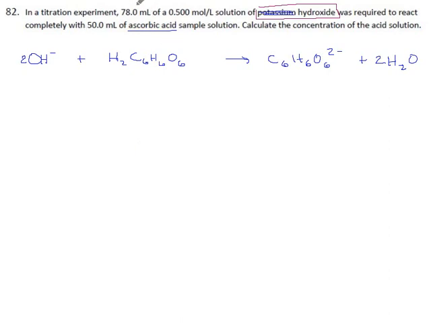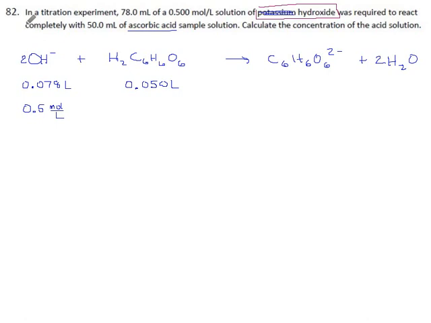So, what have they told us? 78 mL of 0.5 mole per liter solution, okay, all this is about the hydroxide, so 78 mL, 0.078 liters, and concentration 0.5 moles per liter. And for the ascorbic acid, we have 50 milliliters, and concentration, don't know.